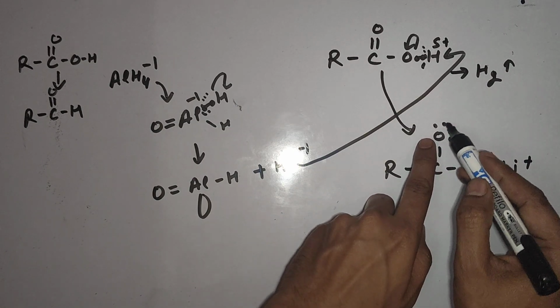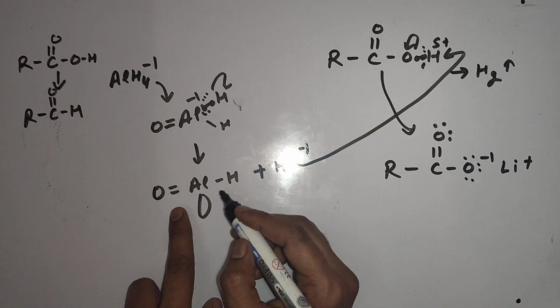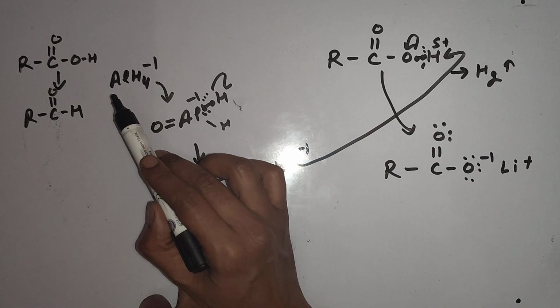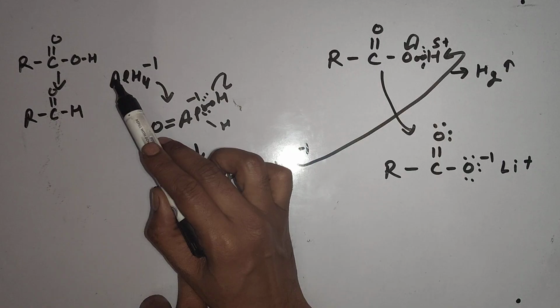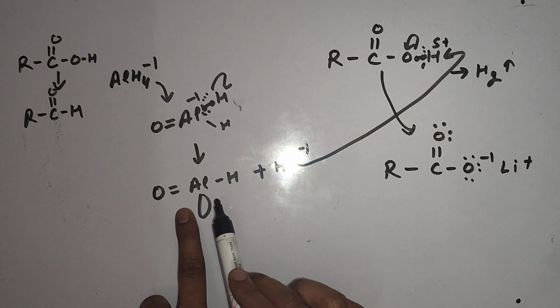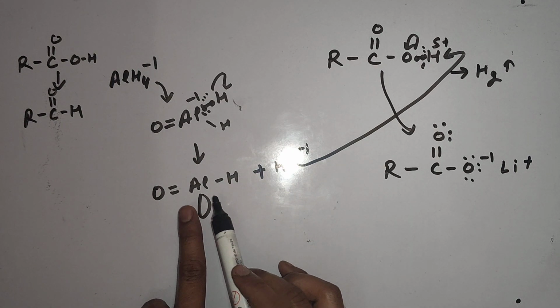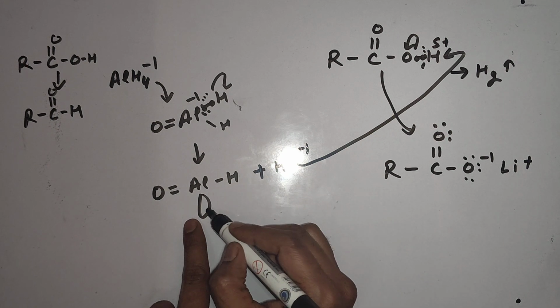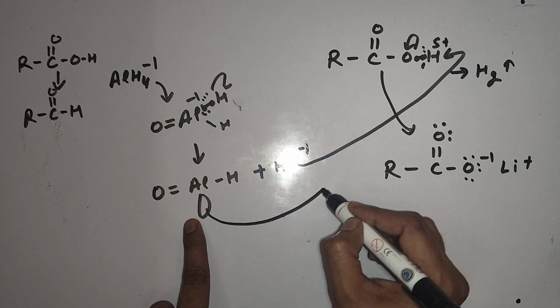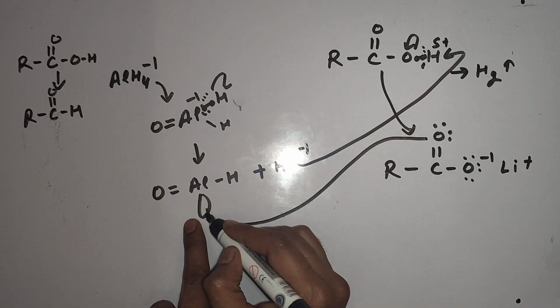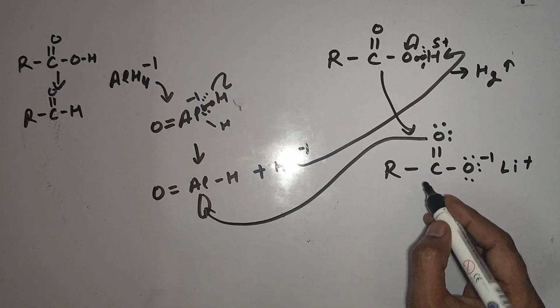And what about this lone pair oxygen? Watch here. The aluminium hydride which we have used has changed itself to this molecule. And in this molecule, again aluminium has a vacant orbital. Obviously, this vacant orbital will again start the same process. It will make a dative bond with this oxygen.